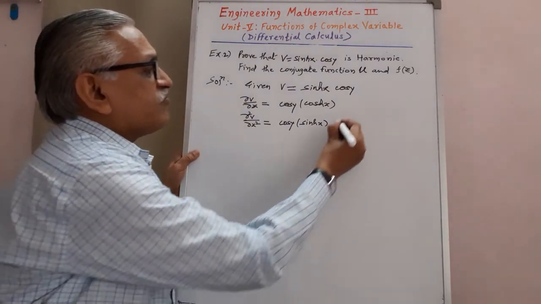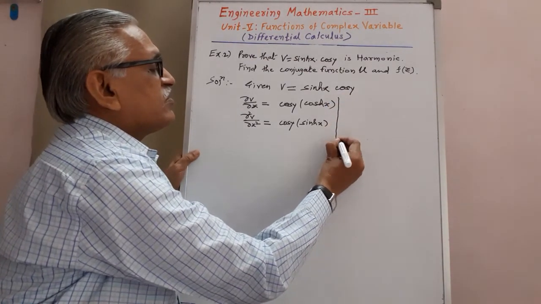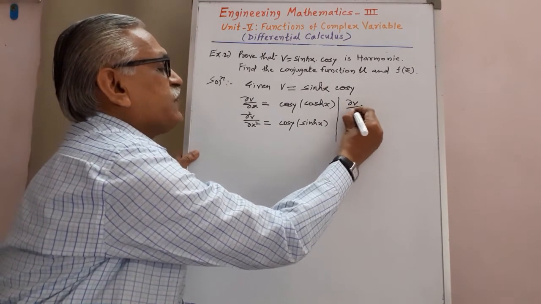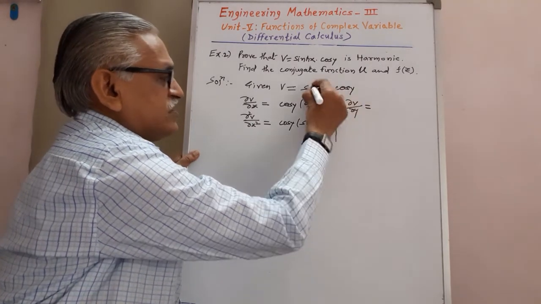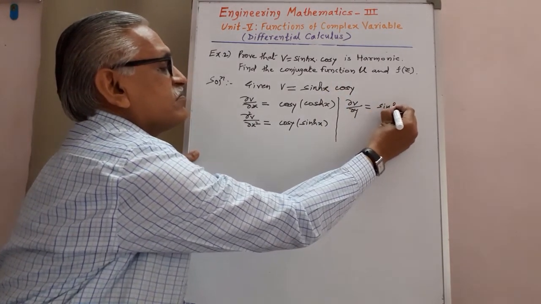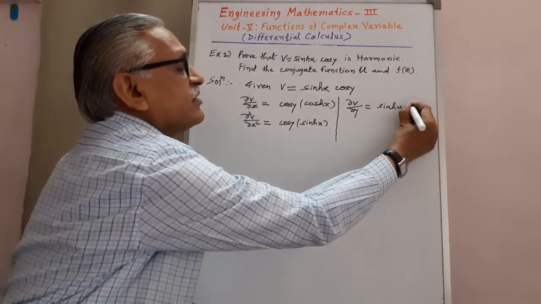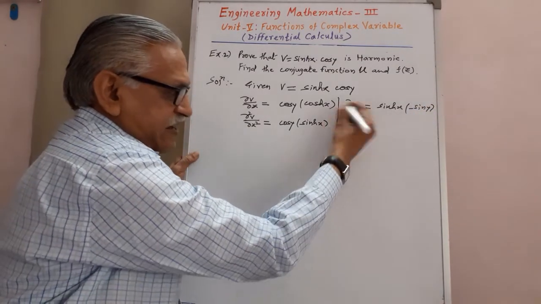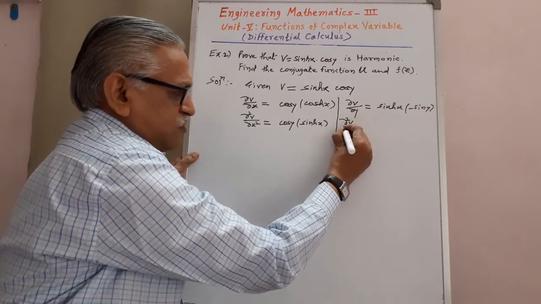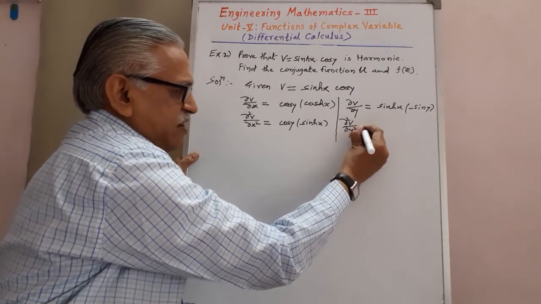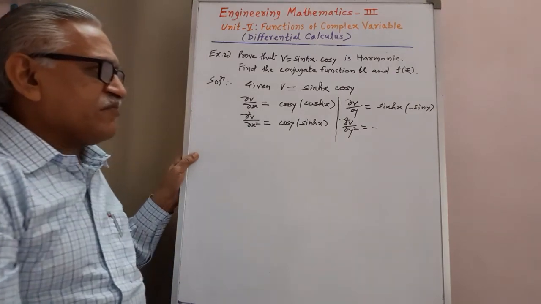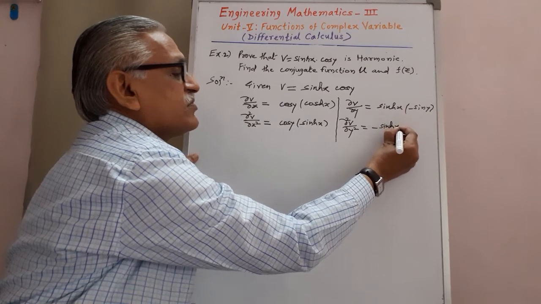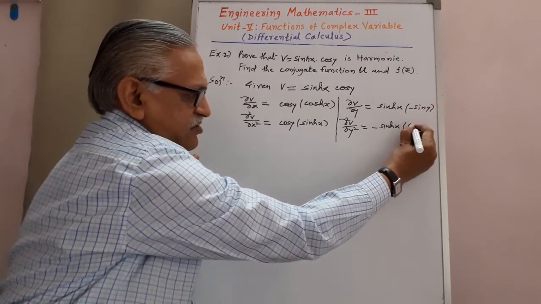Then we find the derivative of v with respect to y, keeping x constant, therefore sin hx is a constant term. Derivative of cos y is minus sin y. Again differentiating with respect to y, we get dou 2v by dou y square. This time sin hx is constant, therefore minus sin hx constant term, and derivative of sin y is cos y.